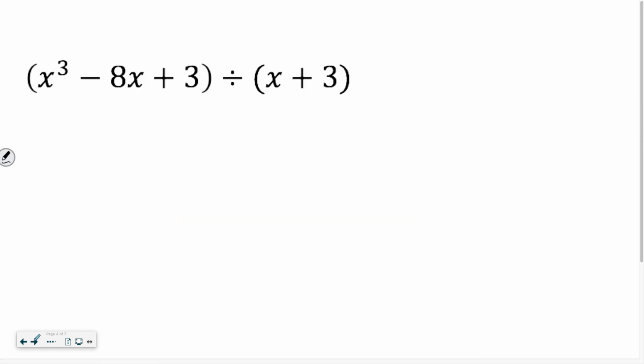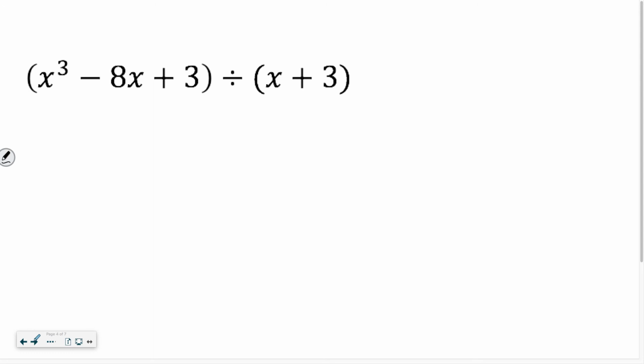All right, let's do one more. x cubed minus 8x plus 3 divided by x plus 3. Now, there's one thing to be really careful of, and this happens whether you're doing long division or synthetic division with polynomials.